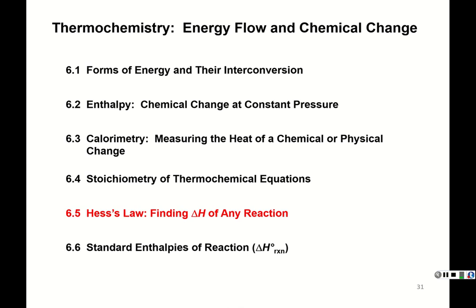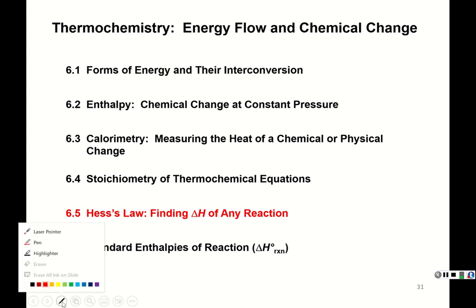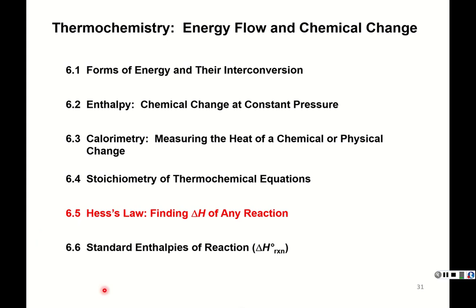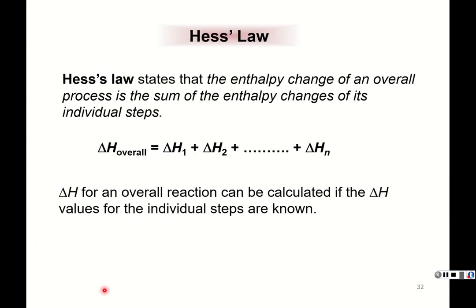Section 5 in Chapter 6 talks about Hess's law, and this is what the book describes as finding the delta H of any reaction, which, I don't know, it's a little bit misleading, I guess.